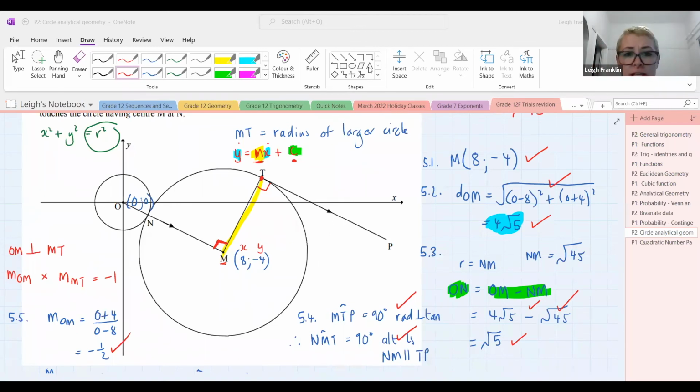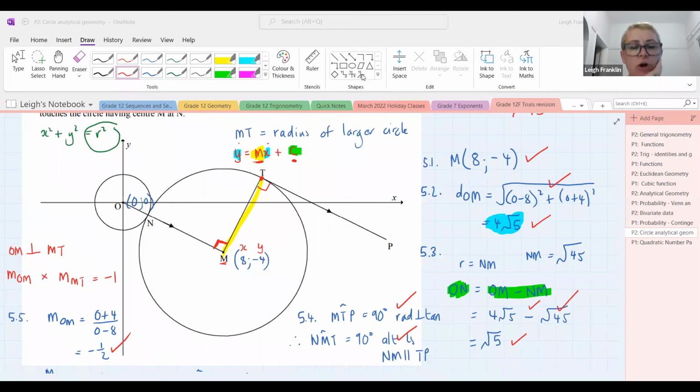Does that make sense to everybody? So T is a point of intersection of 3 things: the tangent, the radius, and the equation of the circle. Does that make sense to everybody? Oh, good.